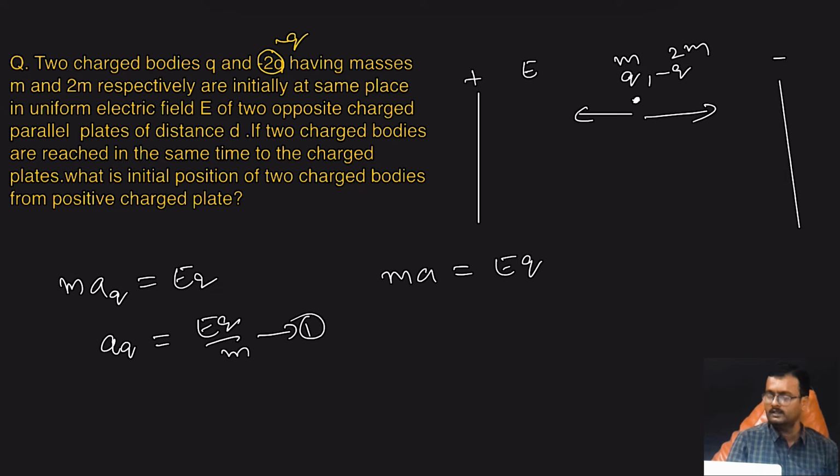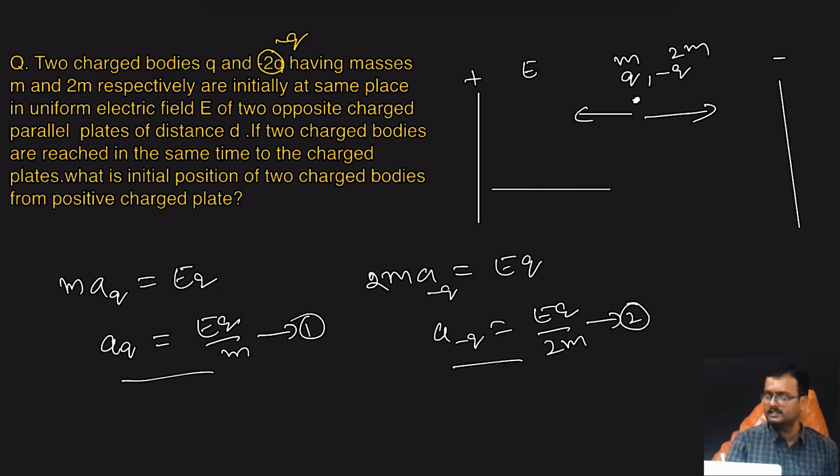So the mass of minus Q is 2m, and the acceleration of minus Q, a minus Q, is EQ by 2m. So both accelerations are not the same. Given the total distance is d, initially both are at a distance x from the positive plate. That means from the negative plate it becomes d minus x.